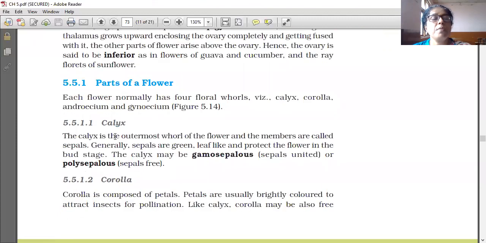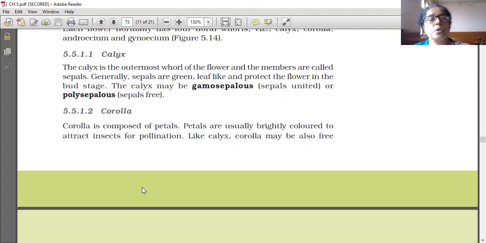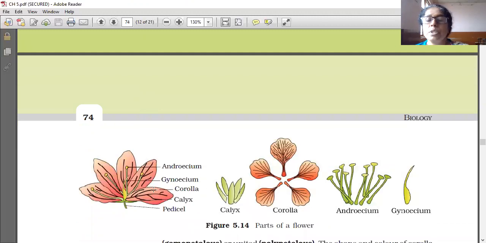And parts of a flower: calyx, corolla, androecium. See this diagram one time.